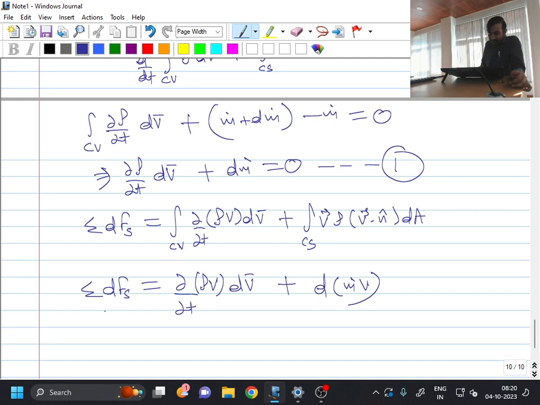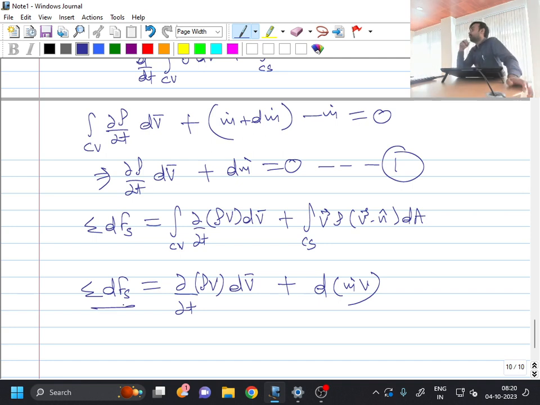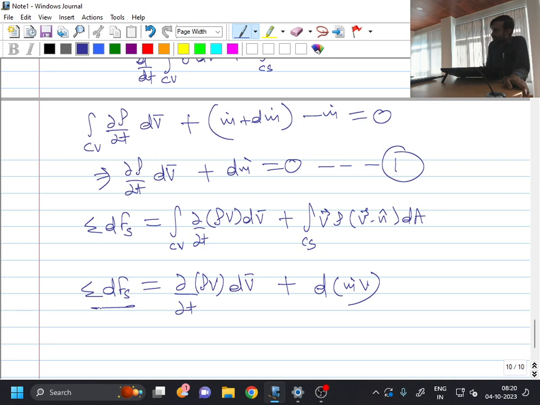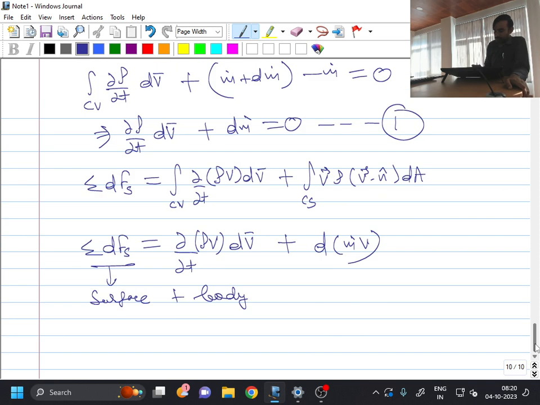Now one important part is left, that is to identify the forces. So what are the forces we will be having? We will be having surface forces plus body forces. If you talk about surface forces, we have two: one is pressure, the other is viscous. I have already considered the situation of a frictionless flow, so viscous force is 0.